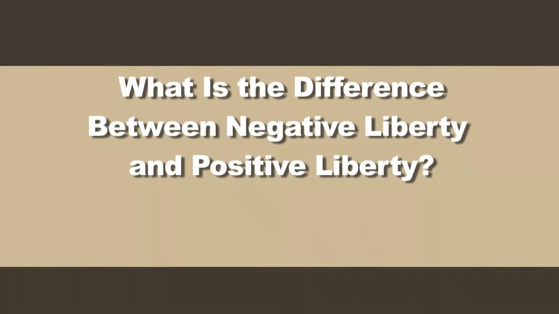Could you help the students to understand a bit more about the difference between negative liberty and positive liberty? Negative liberty refers to that basket of liberties or freedoms that do not require the government or the state as a body politic to do anything. That means to refrain from interfering with the basic civil liberties and entitlements.